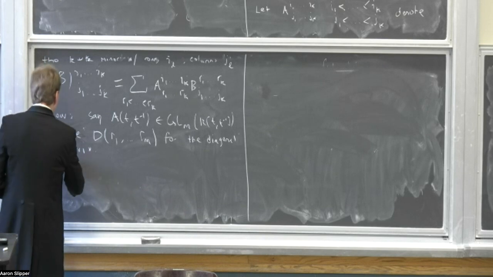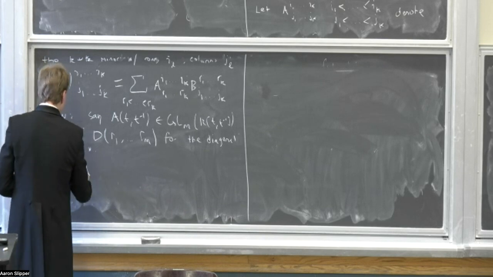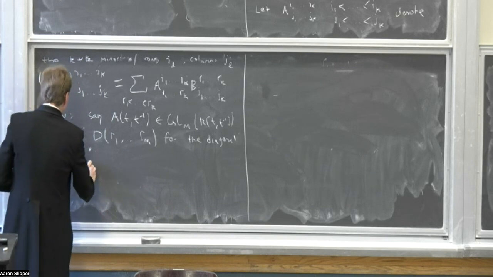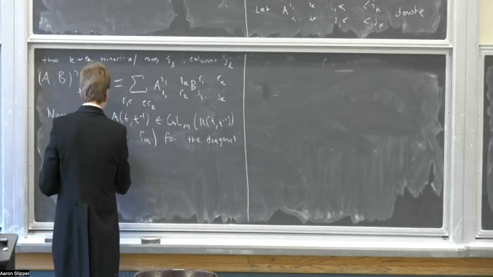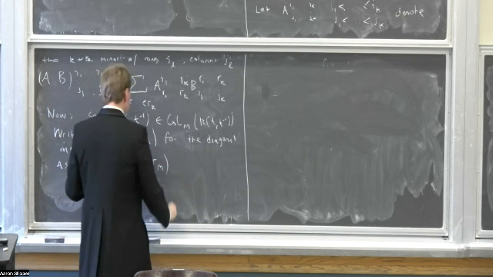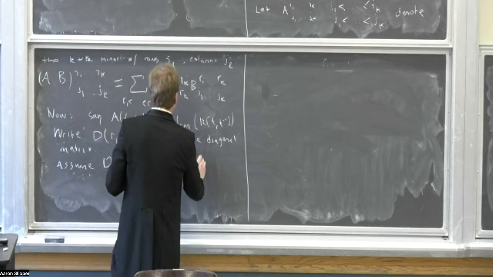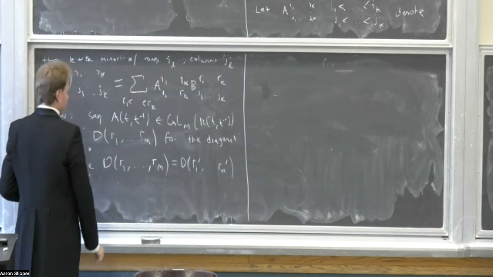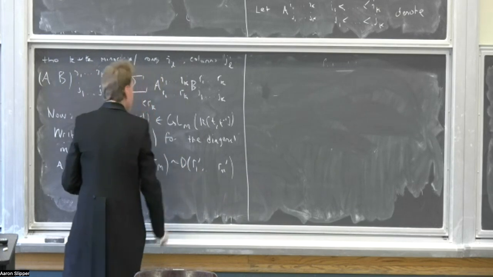Then we have, assume, we're going to prove uniqueness, so assume D(R1 through Rm) is not equal to D(R1' through Rm').